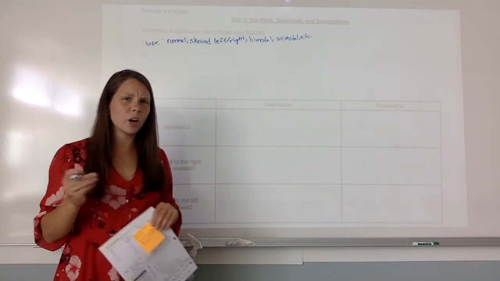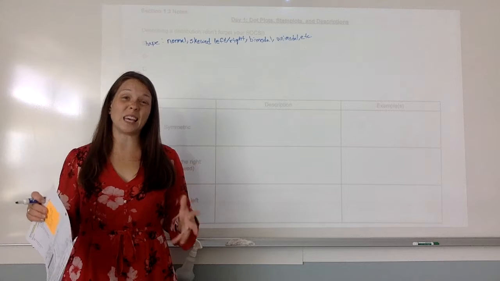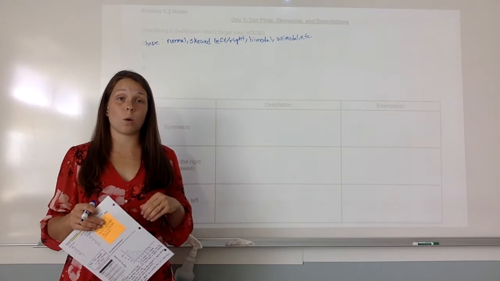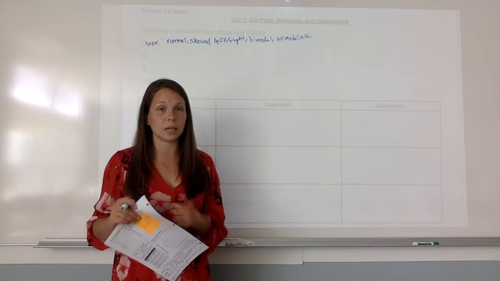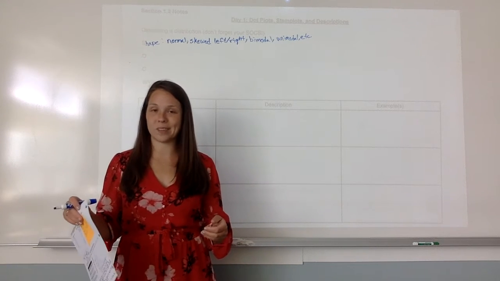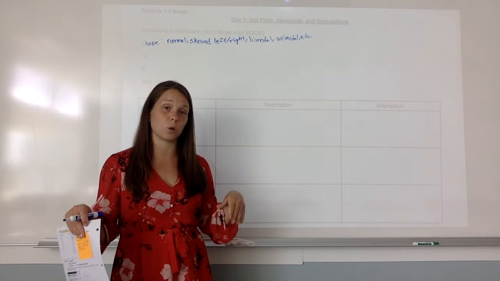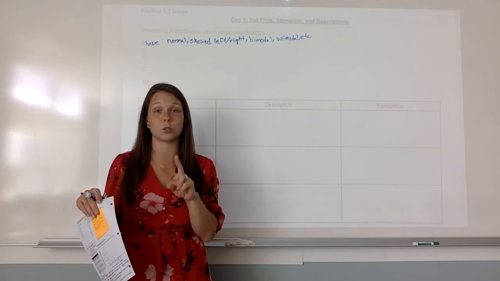If you're like, I've never heard of bimodal or unimodal before, that's just referring to how many peaks the graph has. So at this point, you've likely seen some distributions from me in class, and when you have a distribution, it can have one peak or two peaks to it. So if it kind of goes up, back down, and back up again, that would be bimodal. It has two peaks.